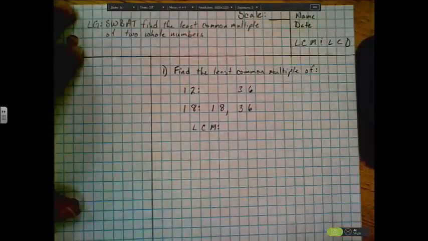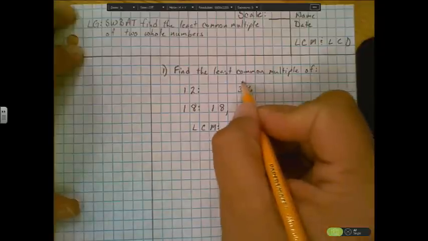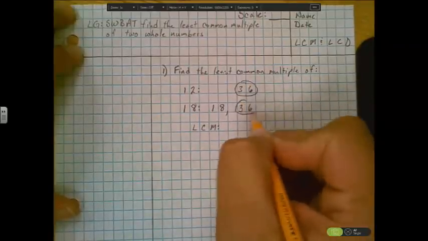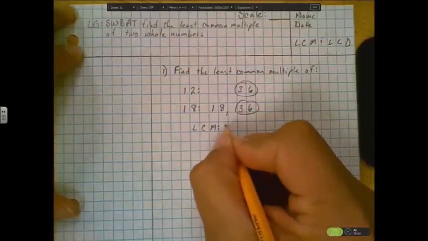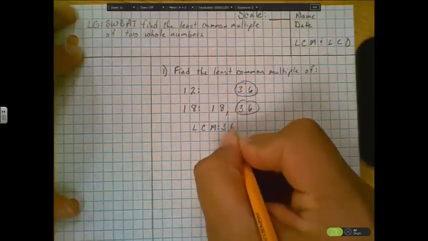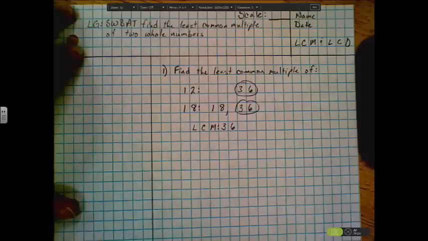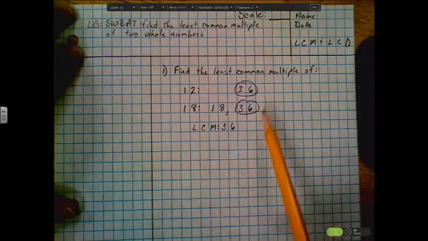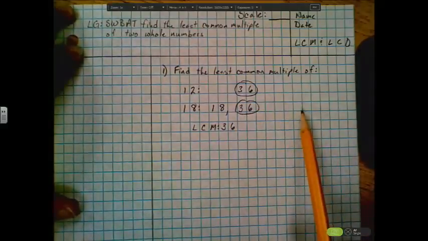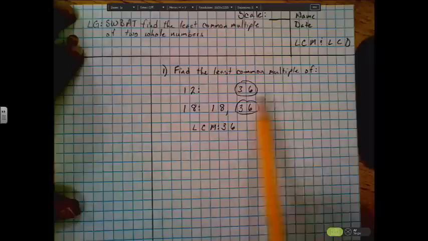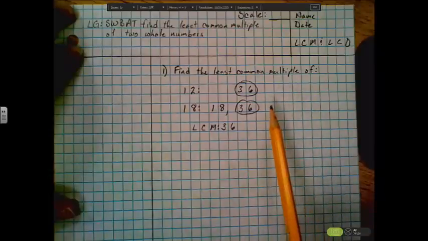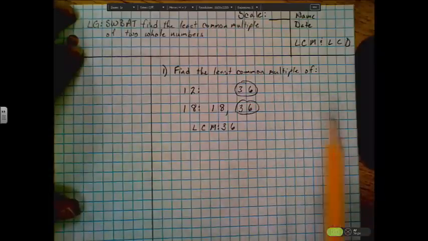It's 36 also. So this 36 is the least common multiple of 12 and 18. If it wasn't this one, we would go to the next one. Alright, so we continue this process until we found a number that was common between them both.